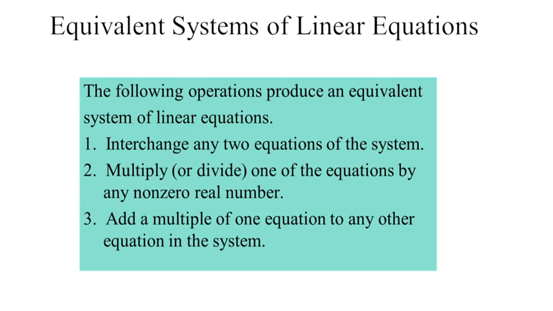Second, we can multiply or divide one of the equations by any non-zero real number. We know that if we multiply any side in an equation by the same value, as long as we're doing that to both sides of the equation, that's alright. And the third thing, we can add a multiple of one equation to any other equation in the system.